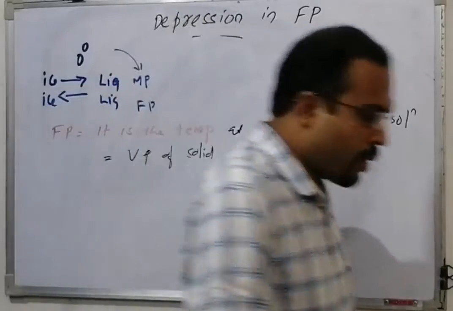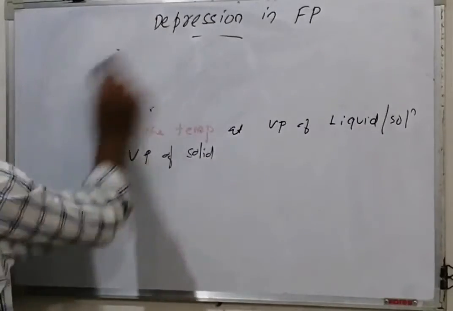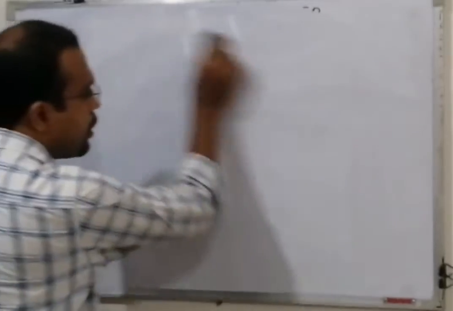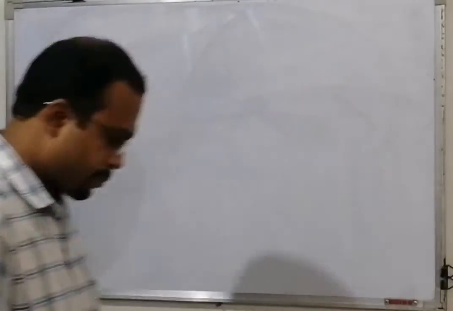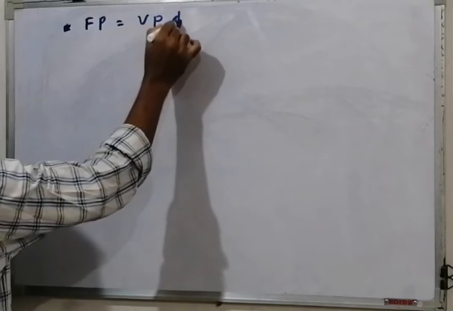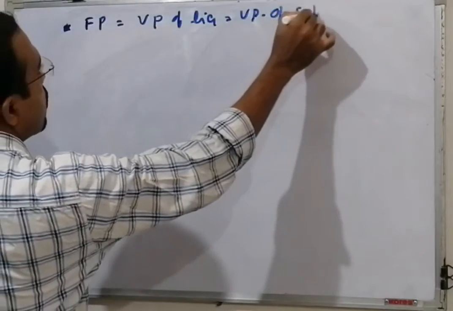Okay, you keep this. Freezing point is the temperature at which the vapor pressure of liquid is equal to the vapor pressure of solid. Now we need the following points. First, freezing point is where the vapor pressure of liquid is equal to the vapor pressure of solid.